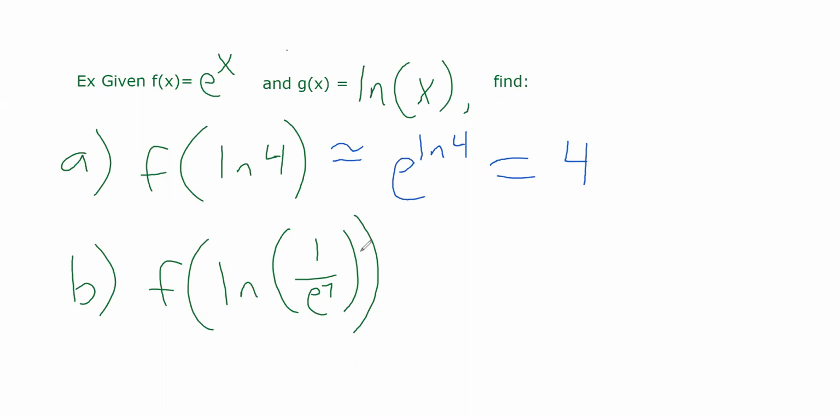Okay, so the natural log of 1 over e to the 7th, but I'm plugging that into the function e to the x. So it's going to be e raised to the natural log of 1 over e to the 7th. Yeah, that's exactly right. Put this thing here into the function for x.